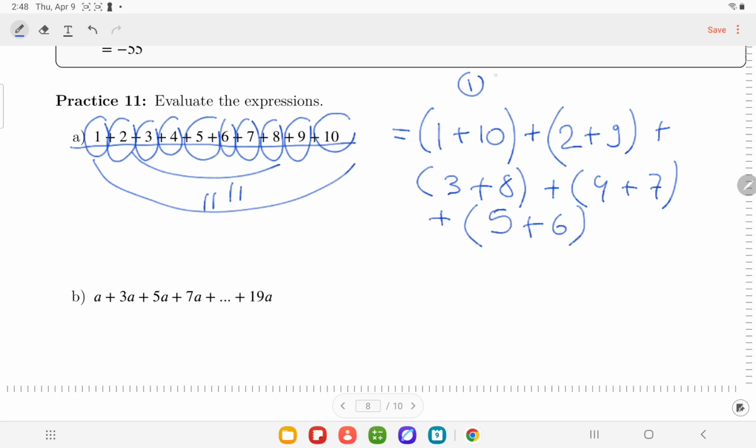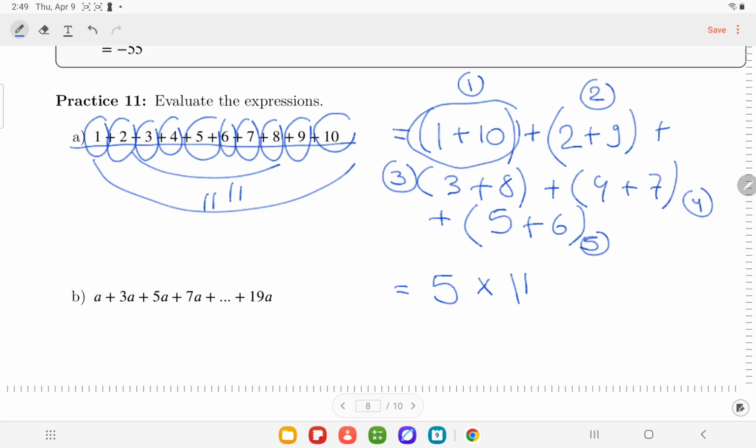So we have 1, 2, 3, 4, and 5. So we can write this as 5 times 11, because each of these brackets equals 11, and since there's 5 of them, we can simply add 11 5 times, which is the same as doing 5 times 11. So we know that this string of numbers, when it's added, is 55.